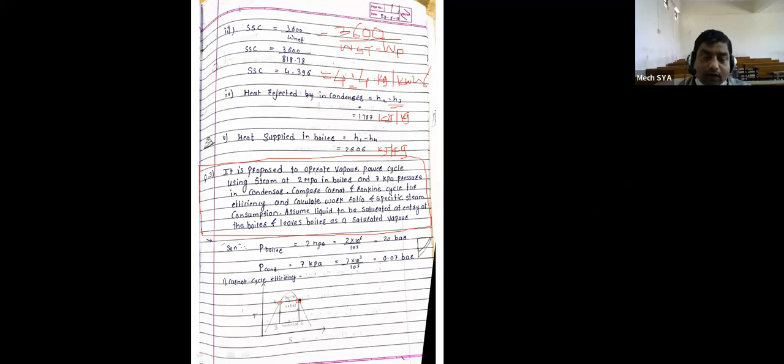Means dry and saturated steam is supplied to the turbine. In an ideal Rankine cycle, water is always entering the boiler in liquid form, and dry saturated steam is entering the turbine.